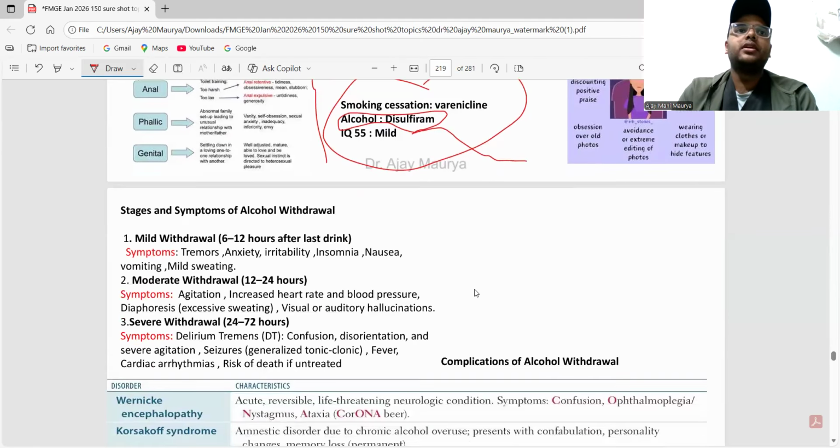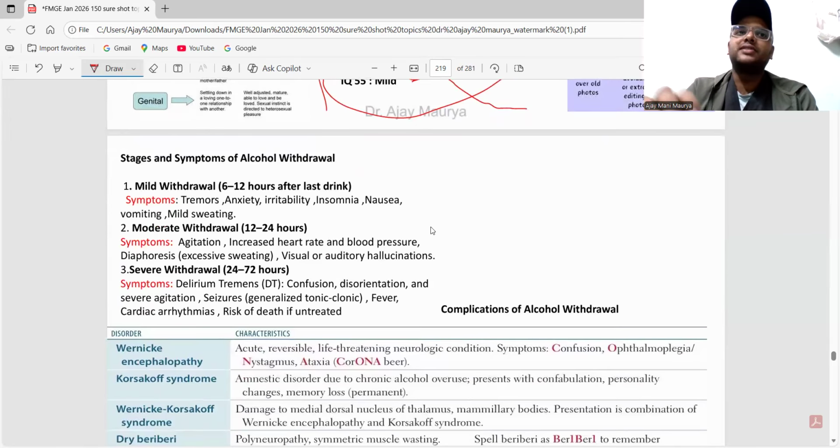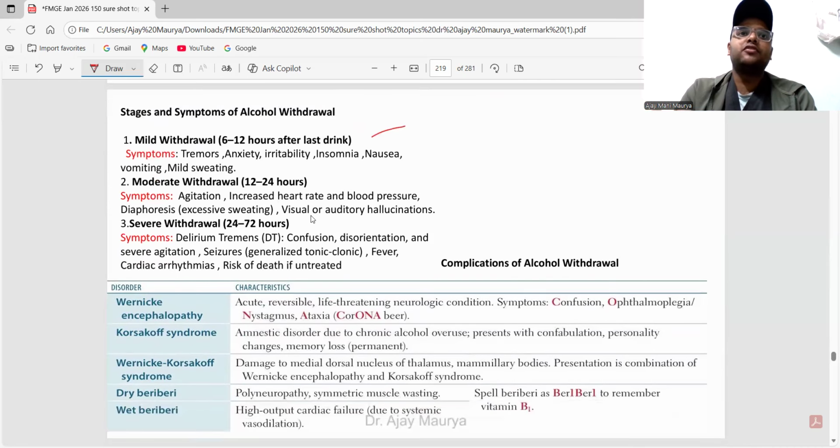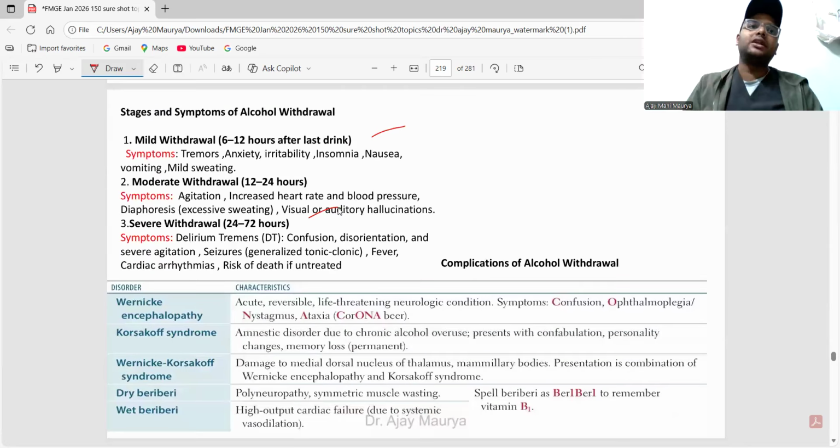Okay. Next, here are the stages of alcohol withdrawal. Within 6 to 12 hours we have alcohol-induced psychosis. Within 72 hours, the patient will land up in delirium tremens. Meaning, you have to see the patient's hand. If there are tremors, he is landing into delirium tremens within 72 hours.